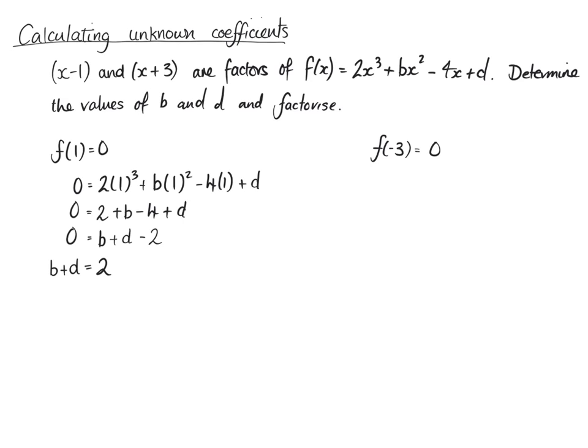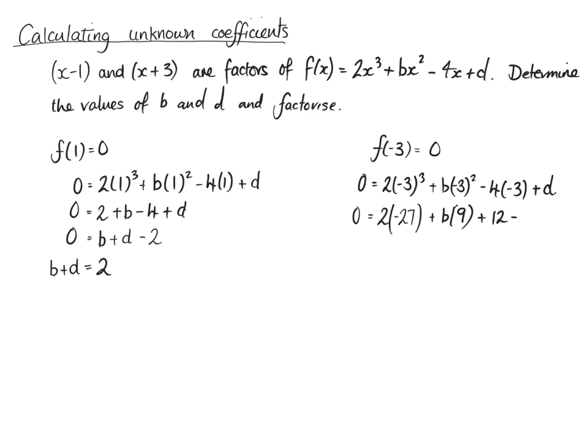So then doing it again with the minus 3, we get 0 is equal to 2 times minus 3 cubed plus b times minus 3 squared minus 4 times minus 3 plus d. So we're going to get 2 times minus 3 cubed is minus 27 plus b times 9 plus 12 plus d.